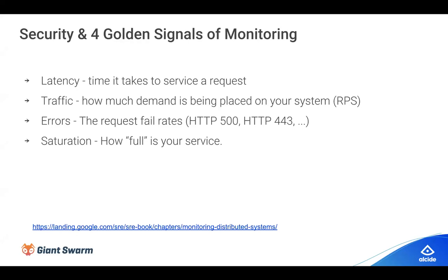Other aspects are around traffic, how much demand we can place on the system, which boils down to requests per second. Errors is a very important signal to track. If we have a negative trend in our error rate, this is something that we want to flag to our DevOps, but oftentimes it can be something that needs to alert the security teams.